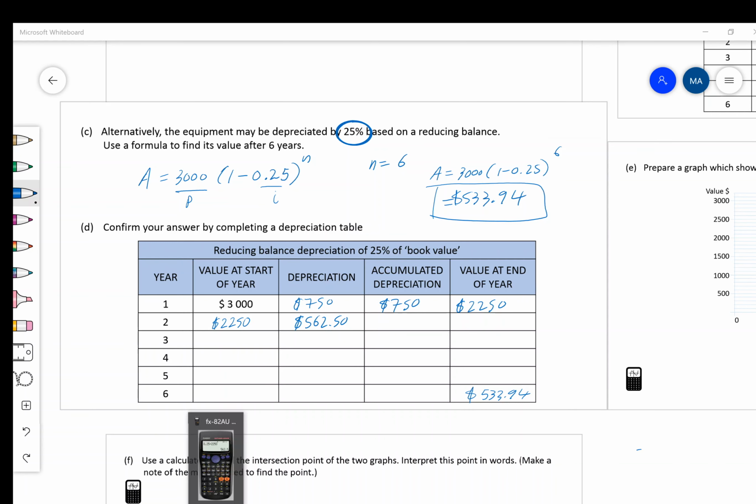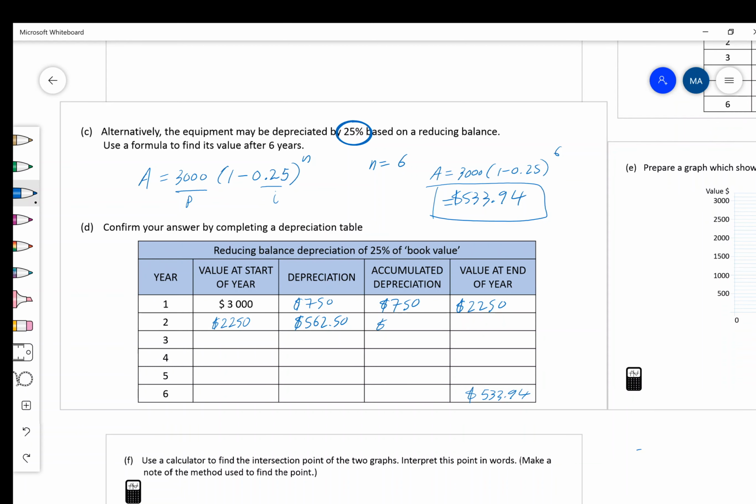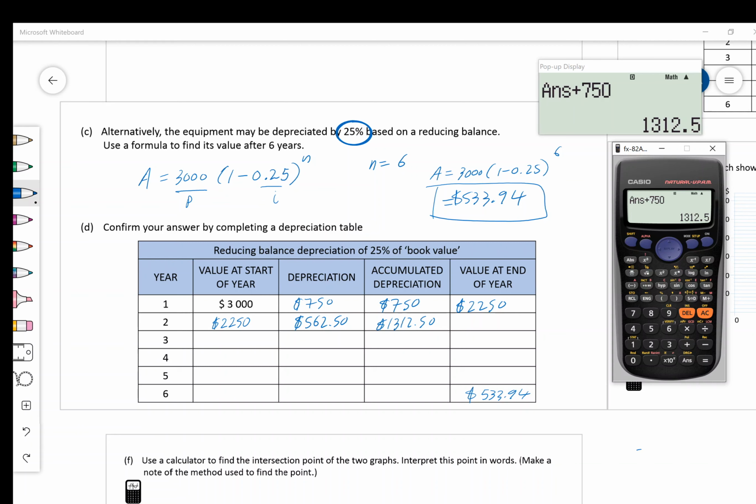If we add that to 750, that gives us the accumulated depreciation, 1,312.50. And if we subtract, 2,250 take 562.50, now the equipment's worth 1,687.50.